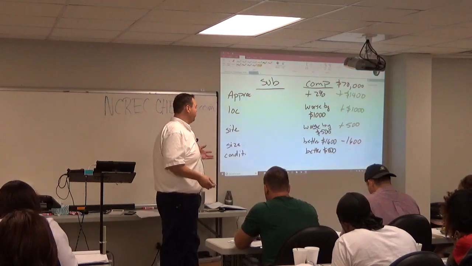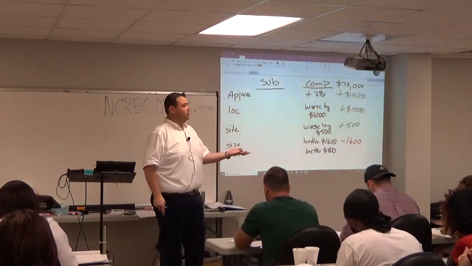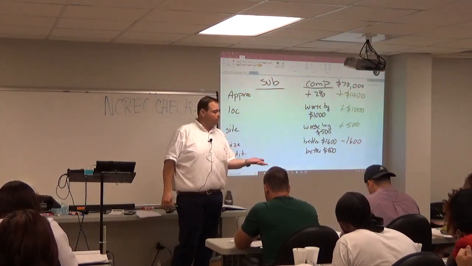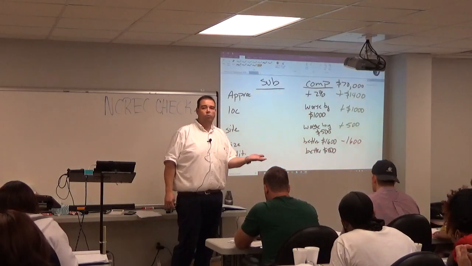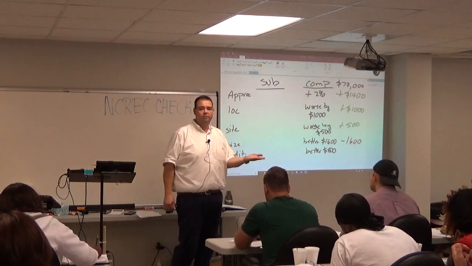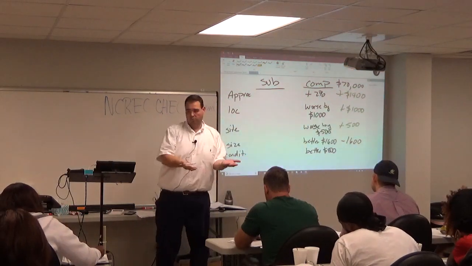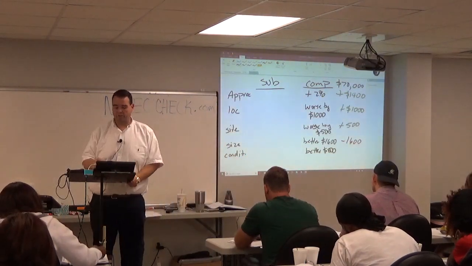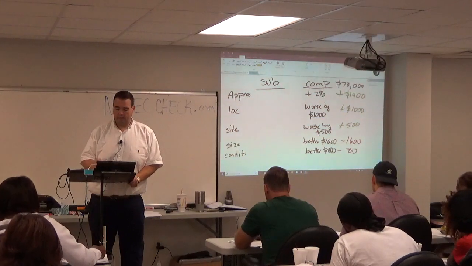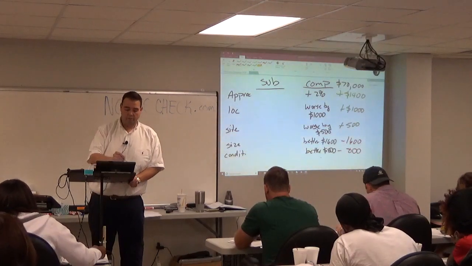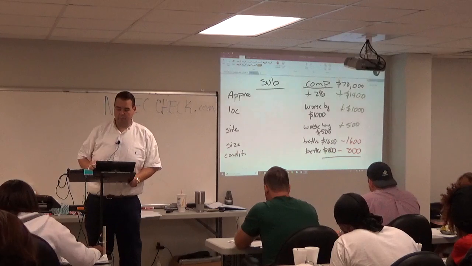Condition. Subject is here because you always start with the subject here. And then where is the comp? Better. So which way do we need to adjust? Down by $800. And then it just becomes simple arithmetic from there, right? What'd you end up with?